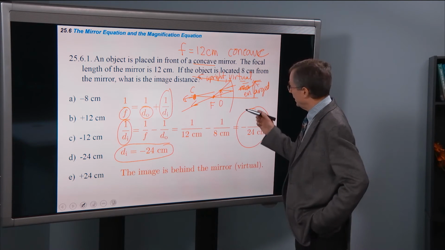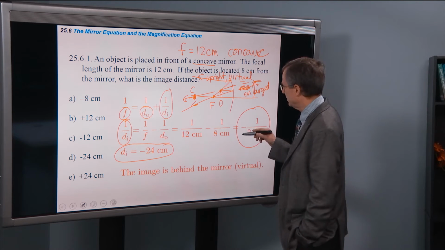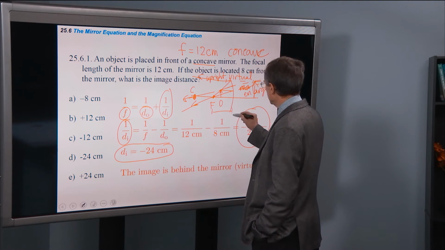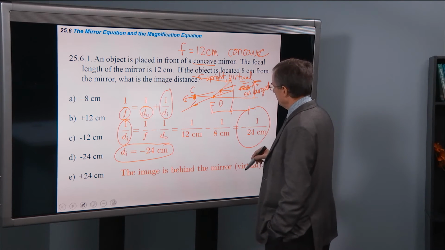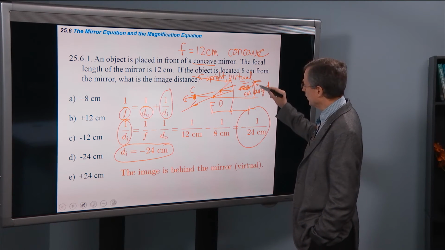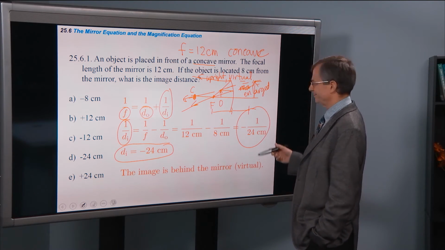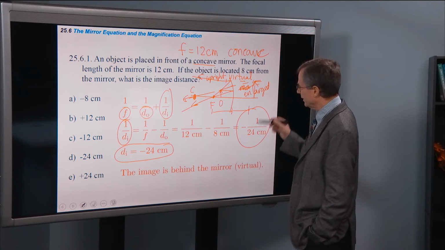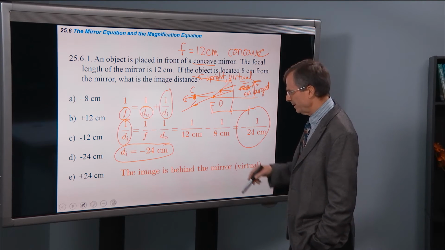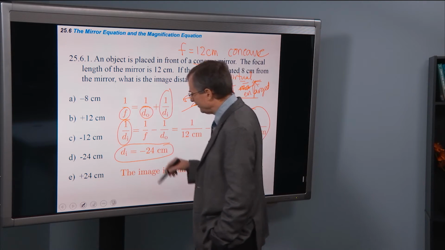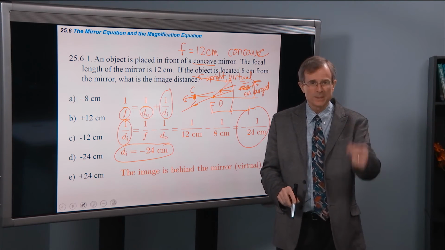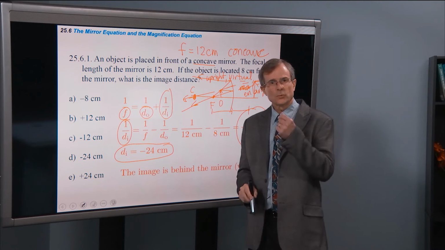Well, does that square with our diagram here? We had 8 centimeters, 12 centimeters, so this is about 12 on the other side. It looks like it's more than 12, so roughly, it's out there further than the focal length, and that's where the image is. So we get a negative number for di. What does that tell us? If di is positive, that means the image is real.